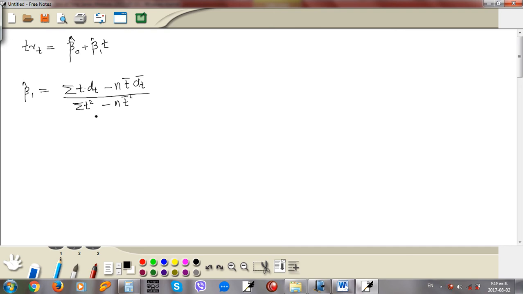Then what you have to do is, to estimate the values, you need to find t dt and t bar, then dt bar, t squared, right? So you have to use a separate table for this, otherwise it is difficult to find.